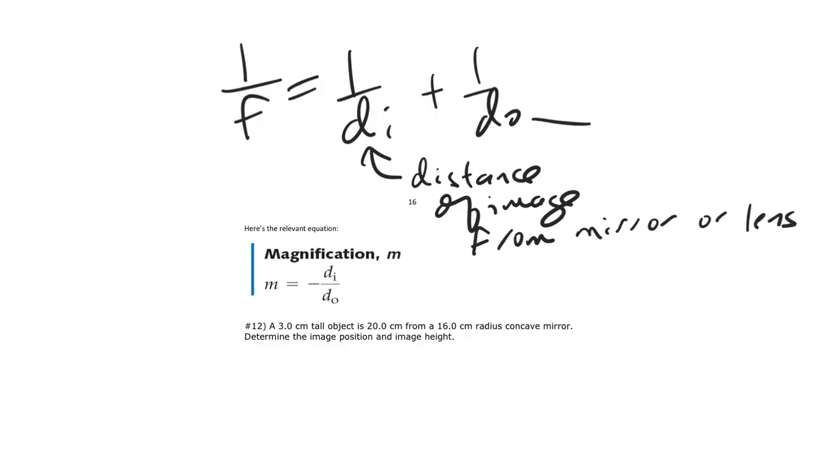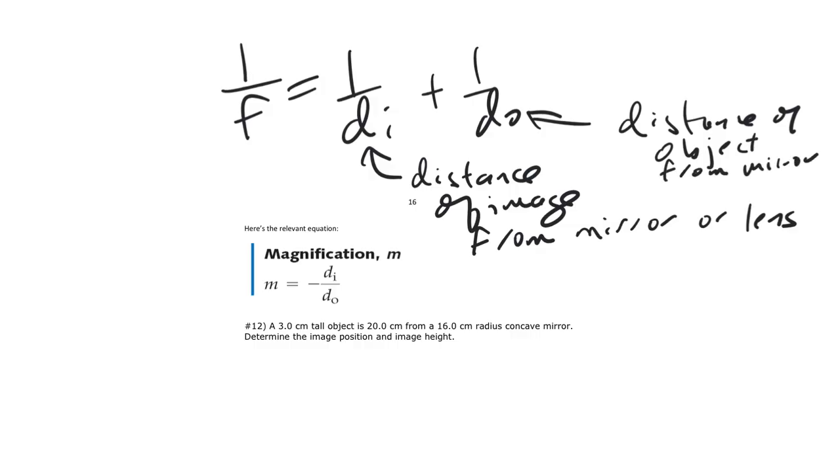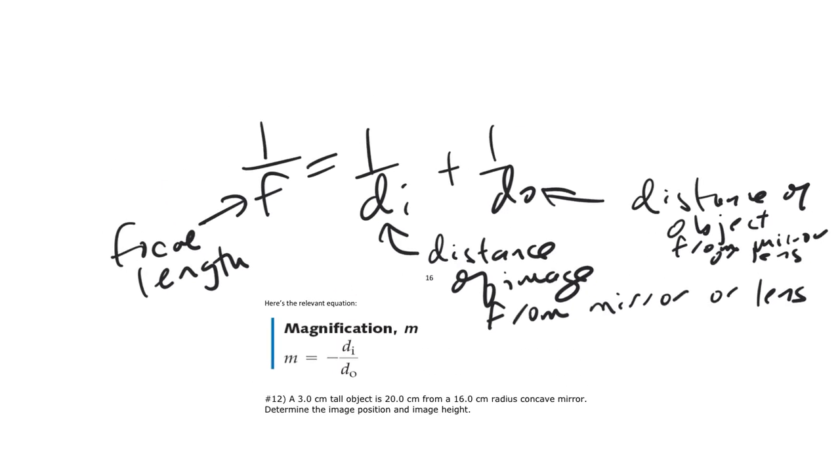And do is the distance of the object from the mirror or lens. And f is the focal length. And just to remind you, the curvature is 2f. So there's really three equations, and you should know that one already.